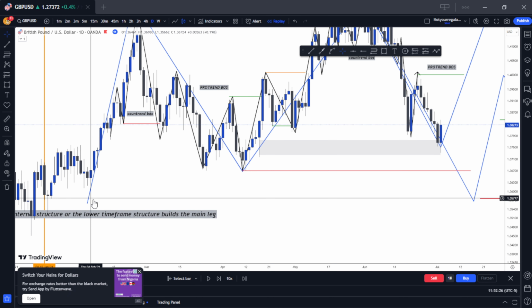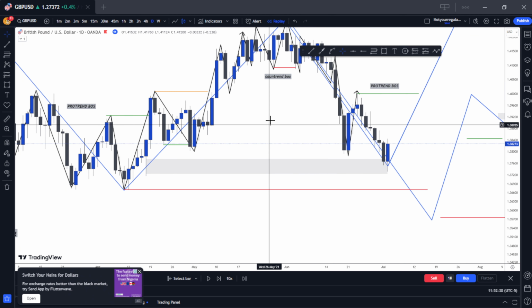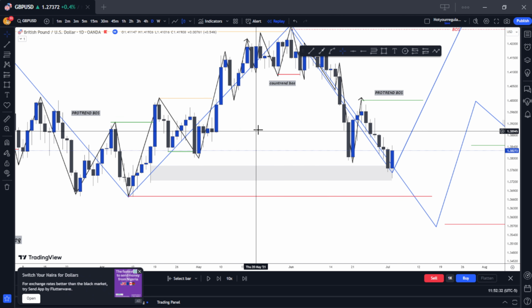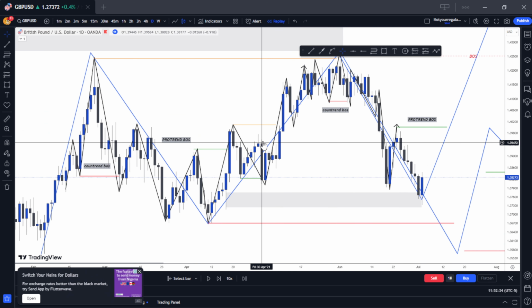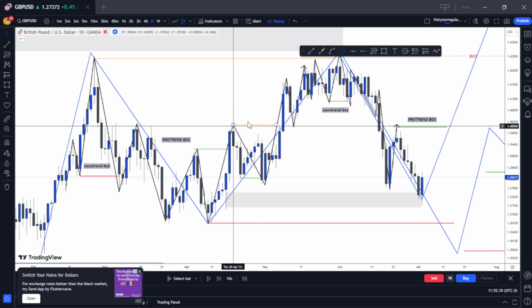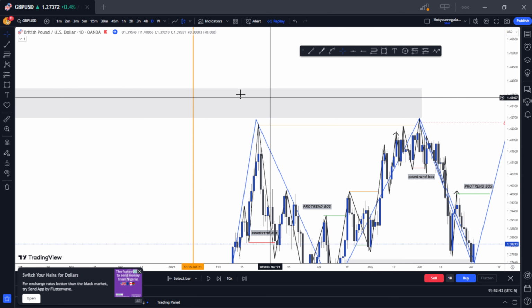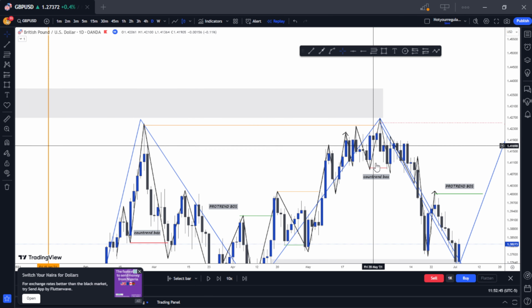If it has grabbed enough liquidity, it can reverse from here. So a pro trend trade, for example, if you take this trade now, you know that price is going to take out this internal high here, take out this internal structure high, then target this main high. Then you can keep targeting other highs on the left.